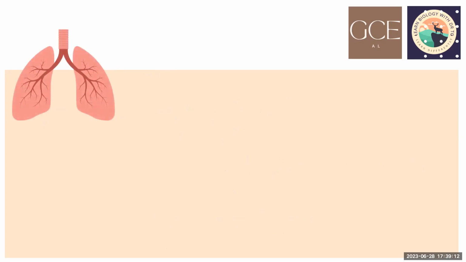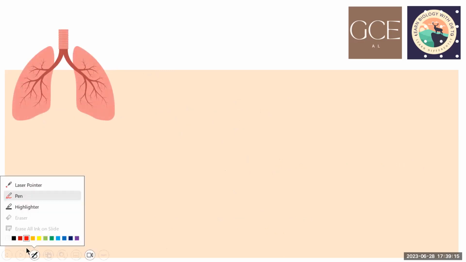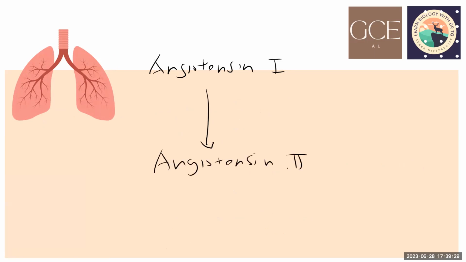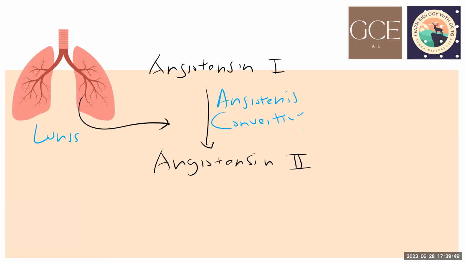Now next, angiotensin 1 is activated to the fully active form, that is angiotensin 2. Now this is done by an enzyme. This time this enzyme is secreted by the lungs. This enzyme is called angiotensin converting enzyme.